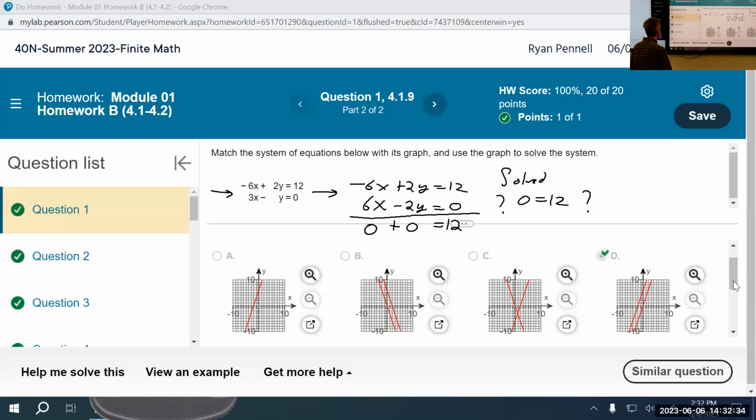Let's think of the x and y intercepts. If x was 0, then y equals 0. If y equals 0, then x equals 0. So that second equation goes through 0, 0.